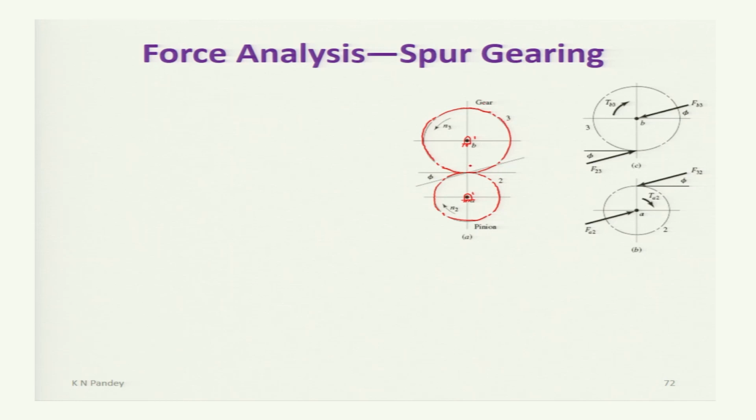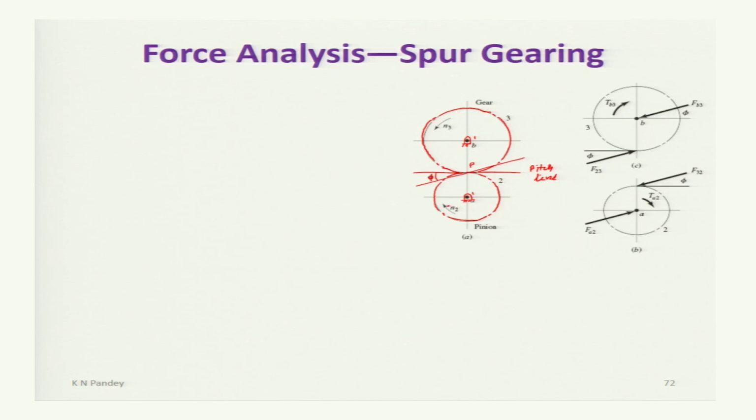This is the pitch point where the pitch circles of two gears are tangent to each other. This is your pitch line, and this is the pressure line. This pressure line will be tangent to the base circles and making angle phi with the pitch line.